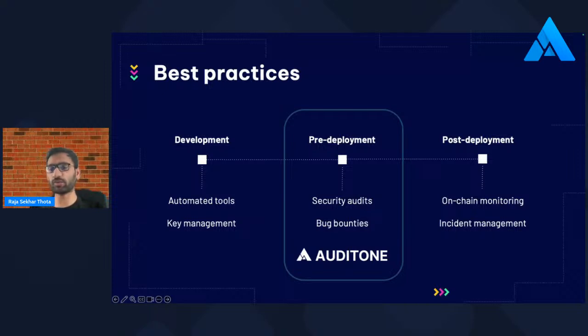But bug bounties are a place where you make your code base public in order to make other security researchers look into it, so that you are expanding the perspectives from which your code is looked at. The more perspectives the code is looked at from, the more potential exploits they try to identify, and they help you with continuous security maintenance. So security audits and bug bounties really play an important role pre-deployment.